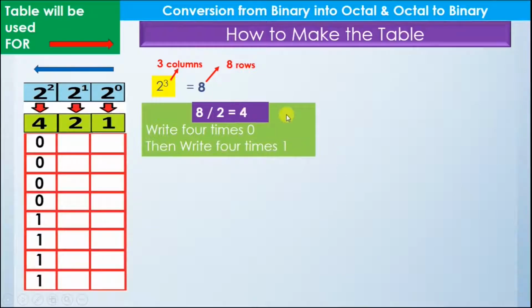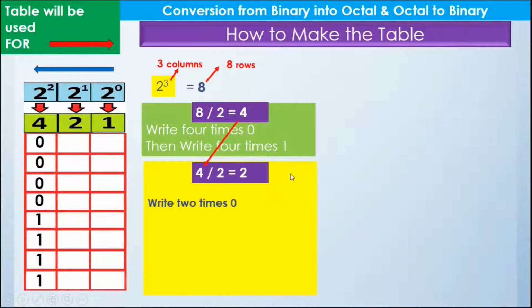Now we take this 4 and divide it by 2. So 4 divided by 2 is equal to 2. So we have 2 here, and we write 2 times 0 in the next column, and then we write 2 times 1.